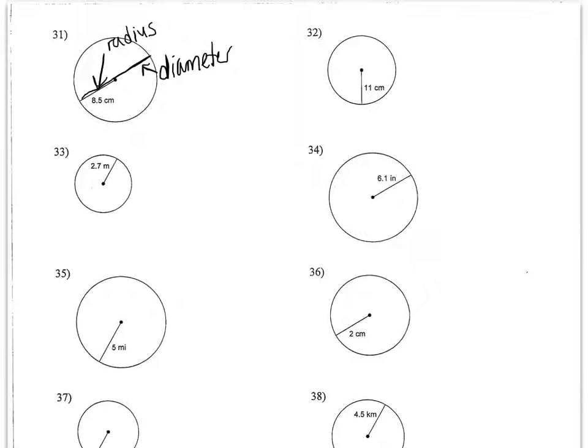So the radius is exactly half the diameter. In order to get the diameter from the radius, all we have to do is double it, because then it will be twice as long, so it fits all the way across.